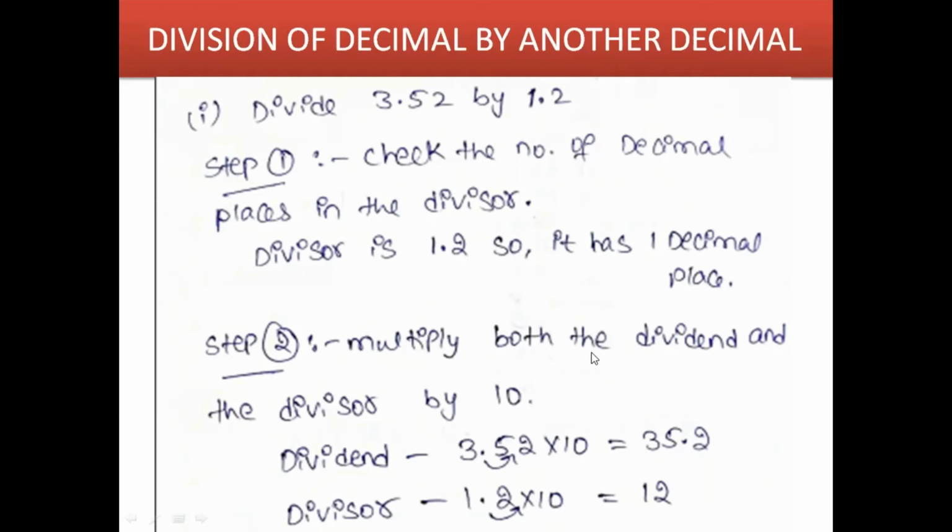Multiply both the dividend and the divisor by 10, because we have one decimal place in the divisor. 3.52 into 10, the decimal point moves one place to the right, that is 35.2. Divisor 1.2 into 10, the decimal point moves one place to the right, so the answer is 12.